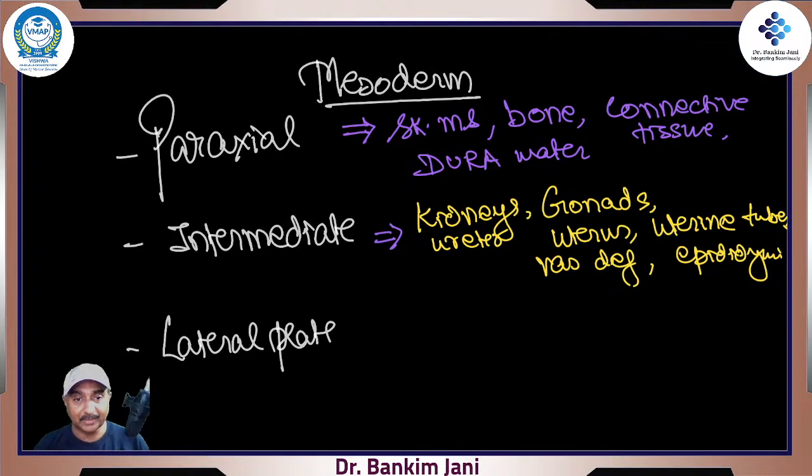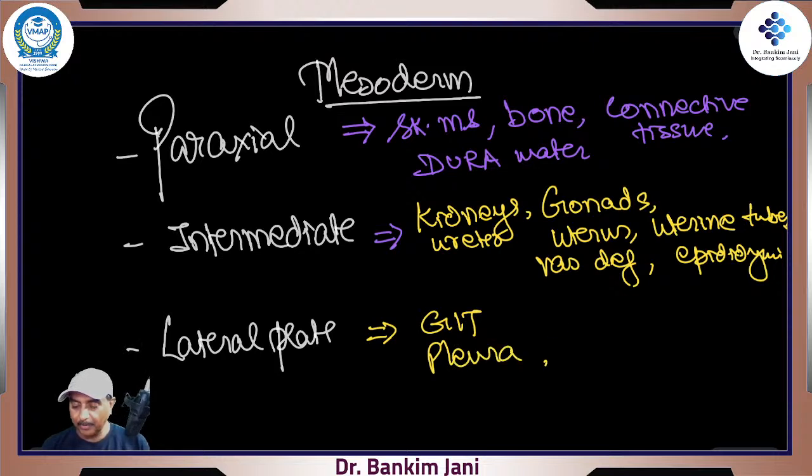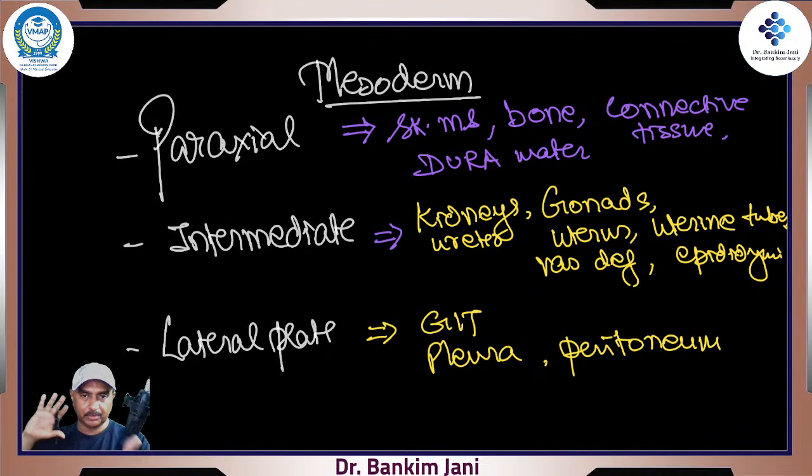The lateral plate will be forming two important things. One, GIT, the gastrointestinal tract, pleura, peritoneum. And in peritoneum, when you'll be studying the abdomen, the entire series of abdomen, when we came to GIT, there is a very important thing called the rotation.